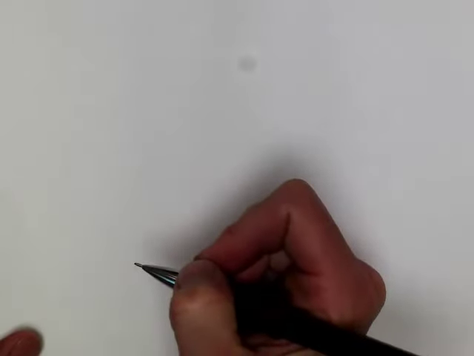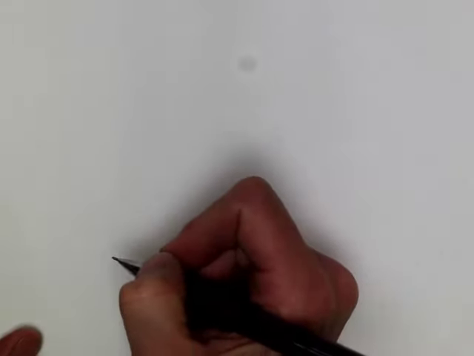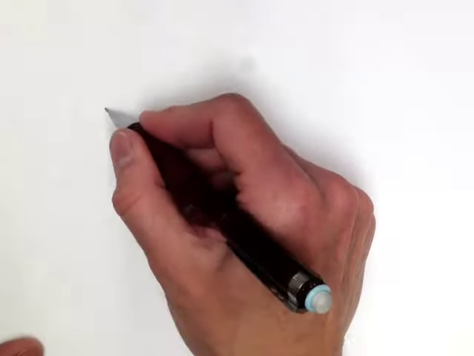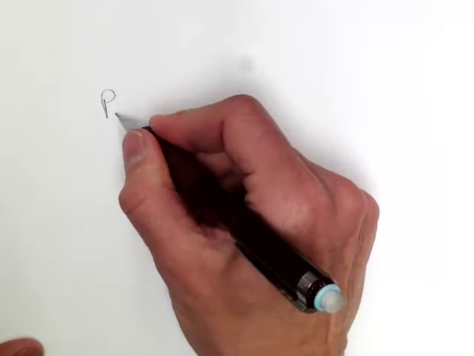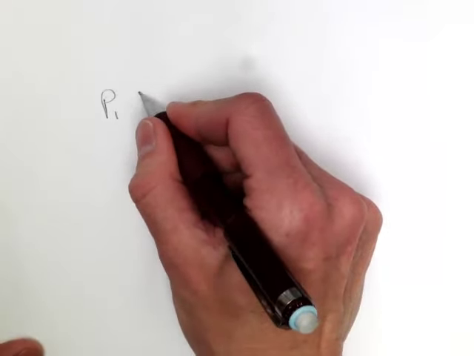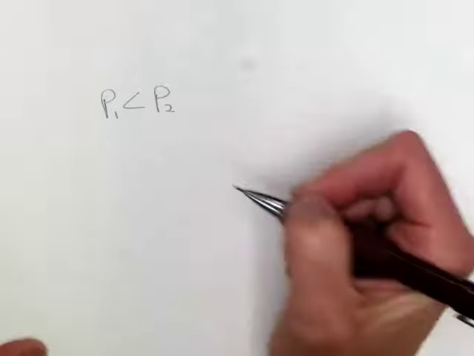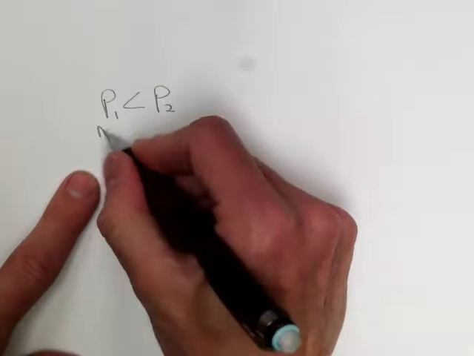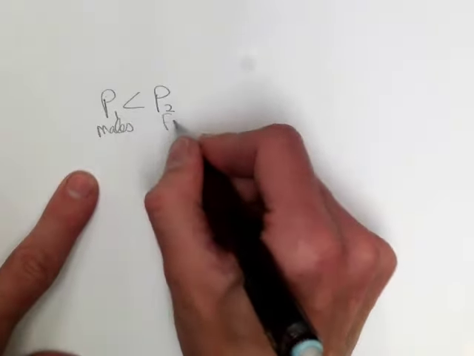The question is, can we support the claim that the proportion of males is less than the proportion of females? So this is p sub 1 less than p sub 2, where this will be males and this will be females.